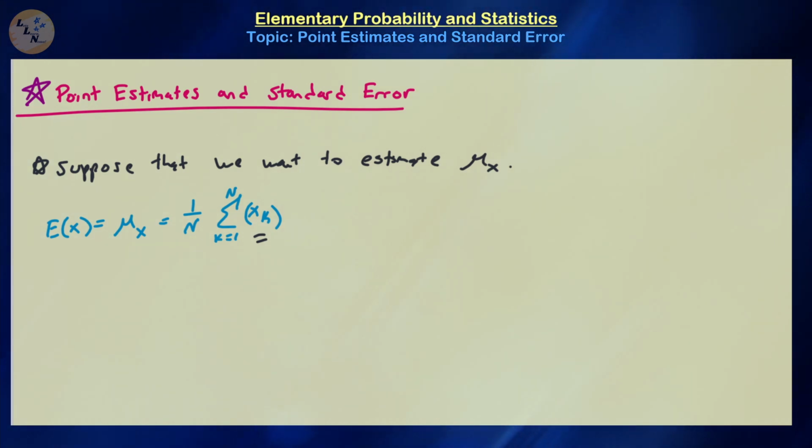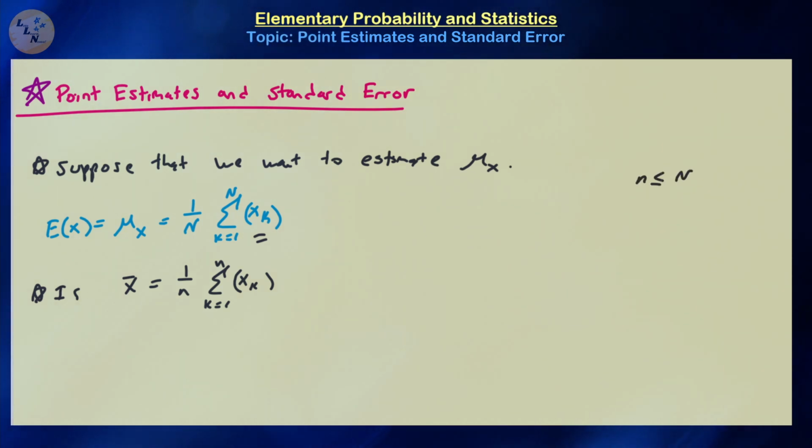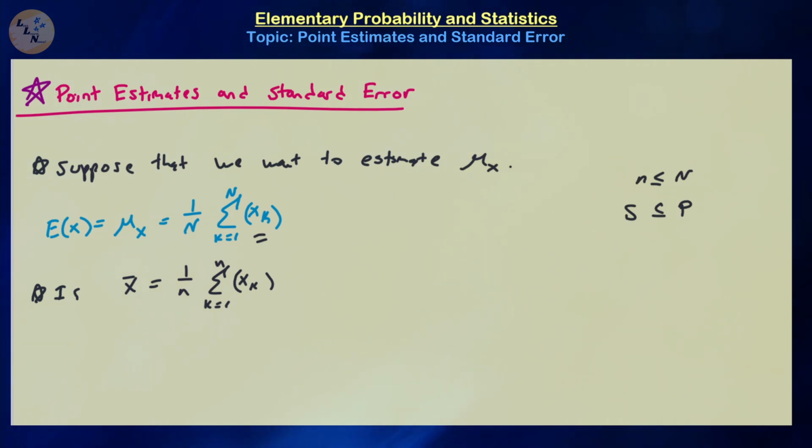So one could, of course, ask, well, is x bar, which is going to be equal to 1 over little n times the sum from k equals 1 to n of xk, and keep in mind that little n is less than or equal to capital N, and the statistic is calculated from a sample that is drawn from a population, ideally simple and random, and each of the values independent of each other, but of course not necessary or sometimes not possible.